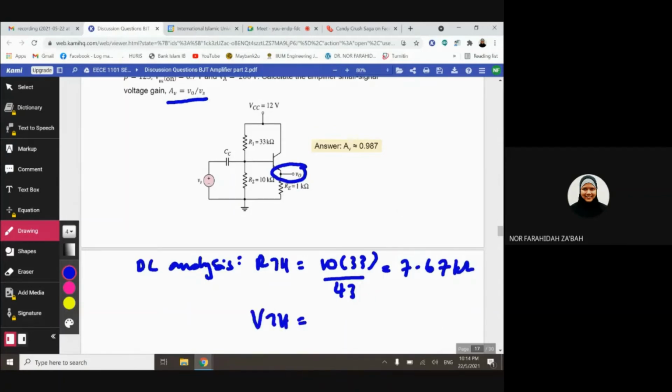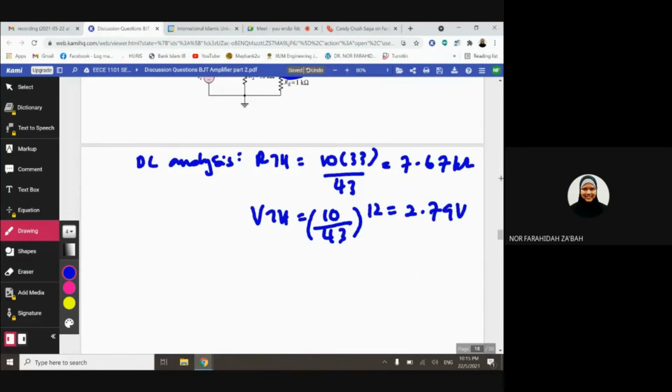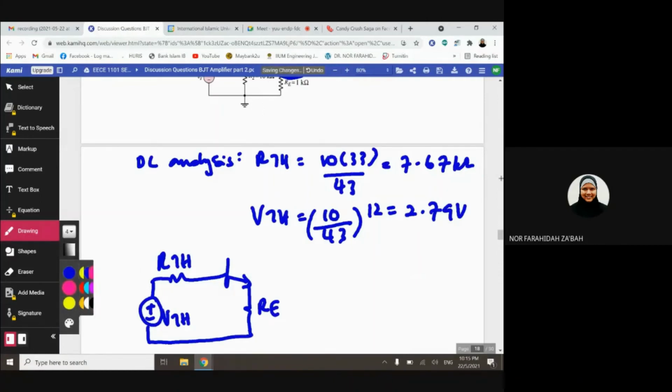VTH is equivalent to 10 over 43 multiplied with 12, which is 2.79 volt. So if you do your DC analysis, this is your VTH, and this is given as 0.7 volt.